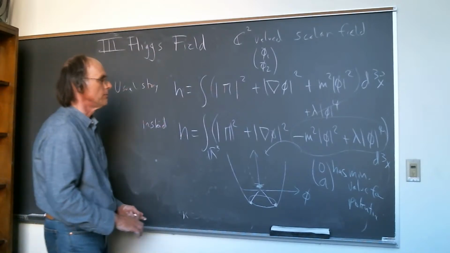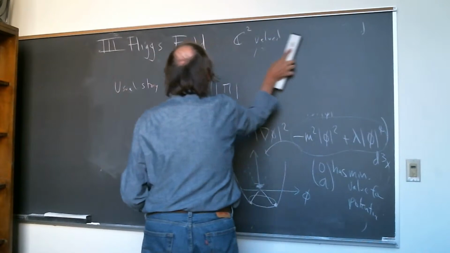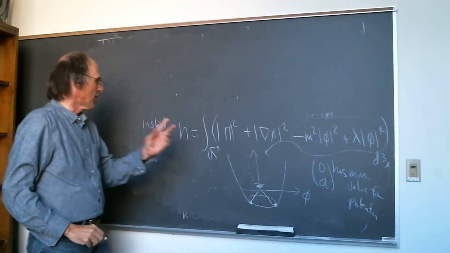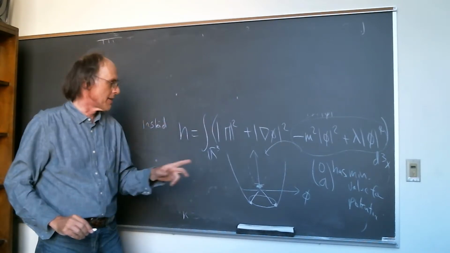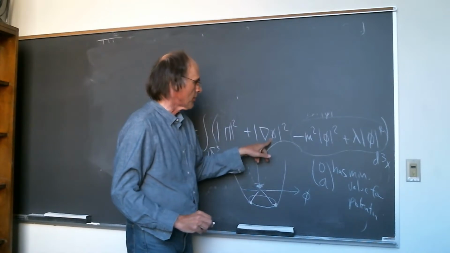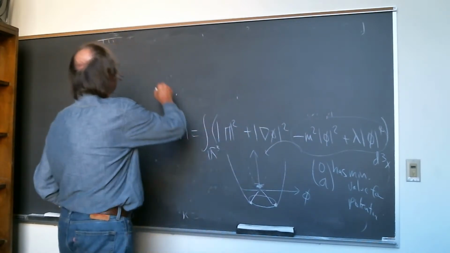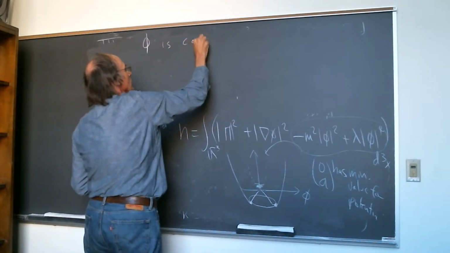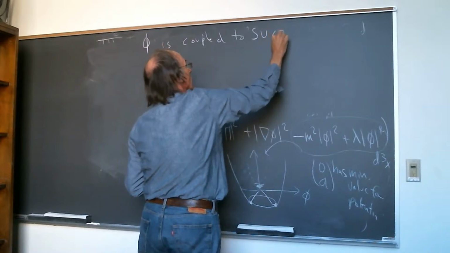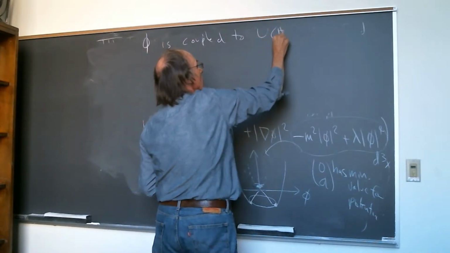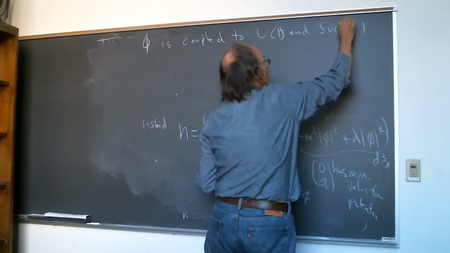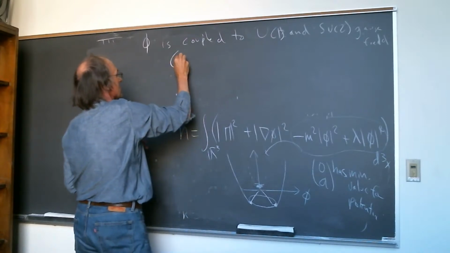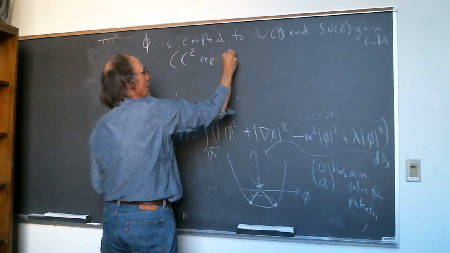Okay, and then what happens? There's one thing that I should have mentioned that I didn't, which was that this phi is coupled to the U1 and SU2 field, because it's just the C2 representation of U2.